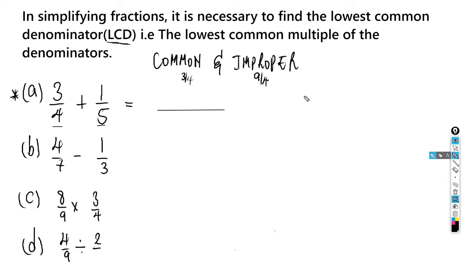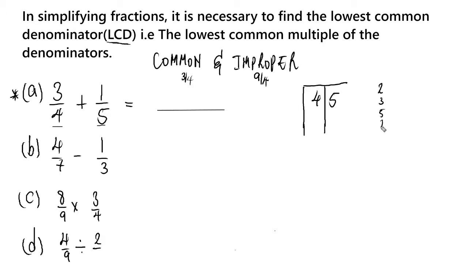Then for the two numbers 4 and 5, I'm actually going to use the lovely method because I want you guys to get used to that, right? So we're going to divide this 4 and 5 by the prime numbers, right? 2, 3, 5, 7, 11. Cool. So we'll always start with 2, all right? Remember the lovely method that we did earlier.